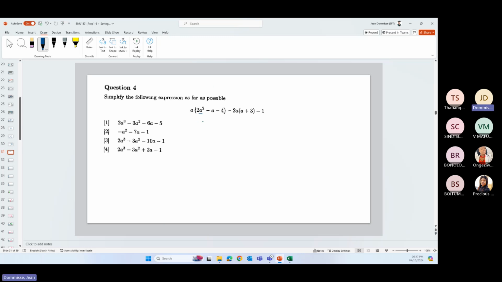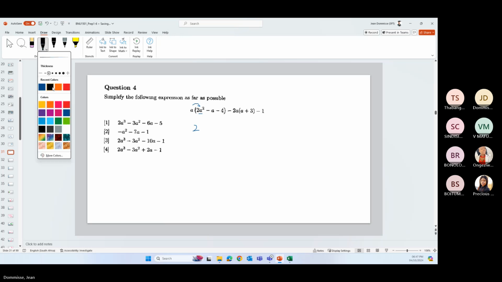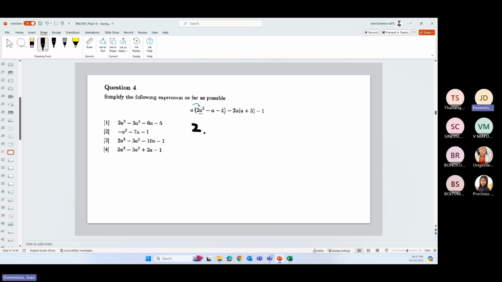So let's first multiply out. a times that gives me a to the power of 3. Okay, so that is covered.